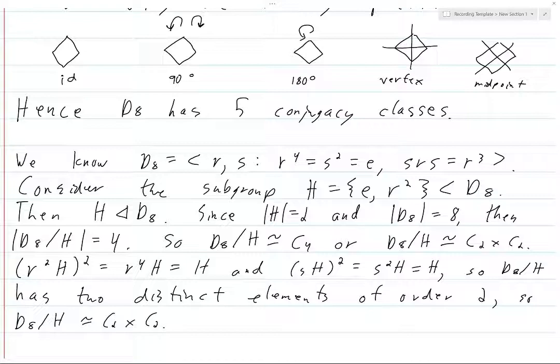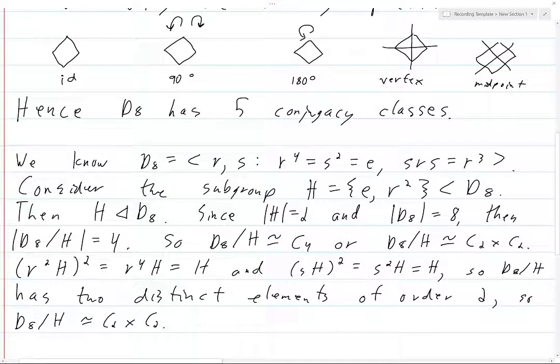Whereas in C2 cross C2 you have 1, 0, which has order 2, and 0, 1, which has order 2. And so you have 2 distinct elements of order 2. That's one of the things that differentiates C2 cross C2 from C4. And so, anyways, we have this isomorphism here.